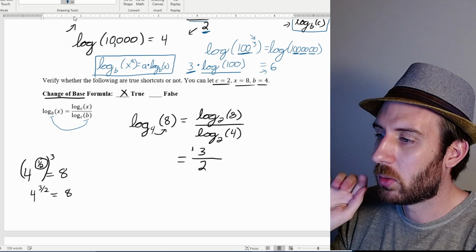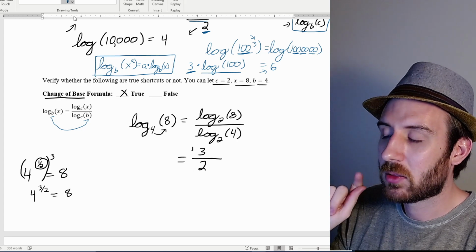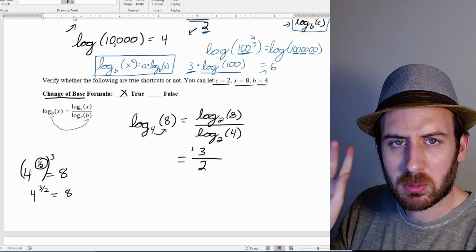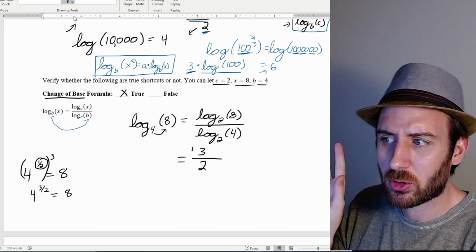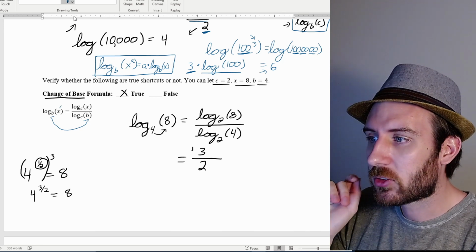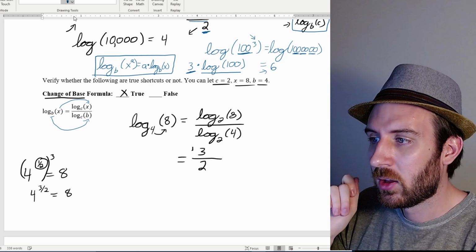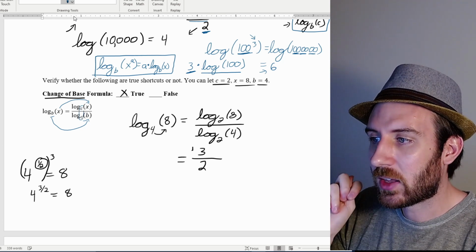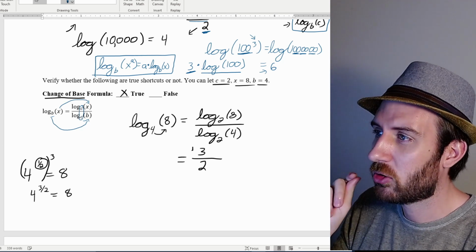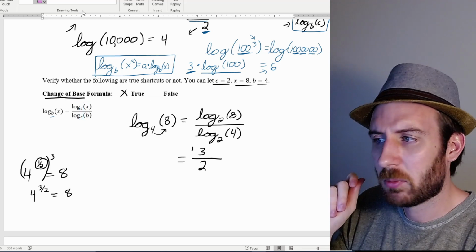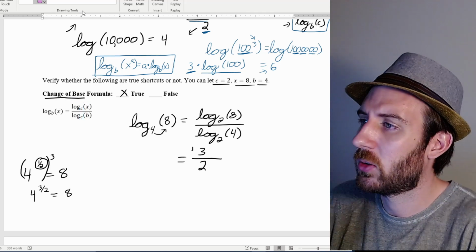It's a nice visual reminder: the base goes onto the base of the fraction, the x goes into the numerator, and then the new base is anything we want to change it to. So there's a way to remember that one, but it requires a little memorization. Still, very cool intuition.